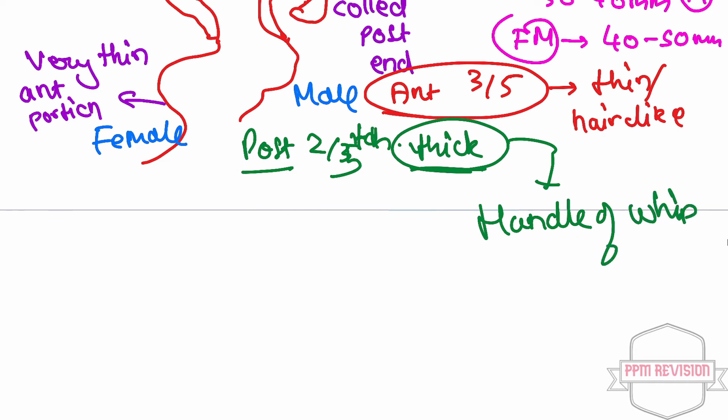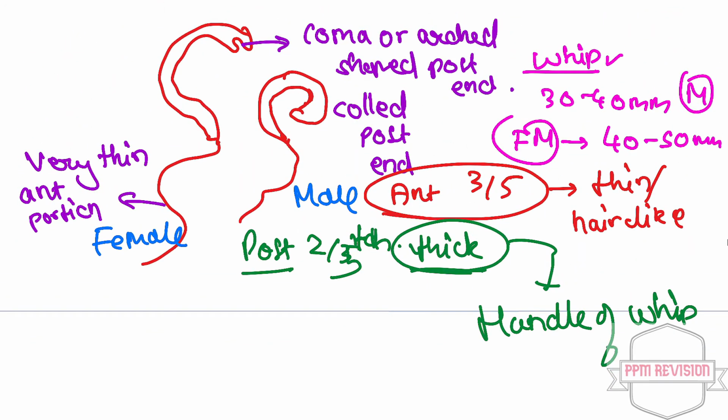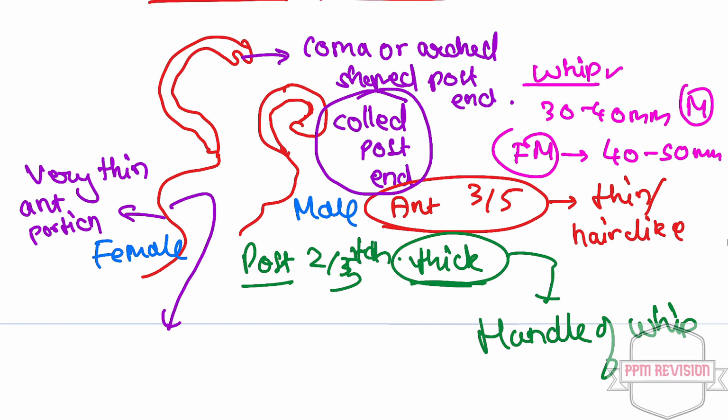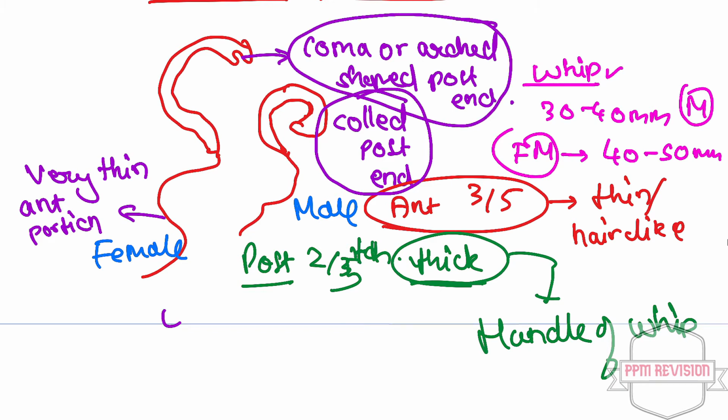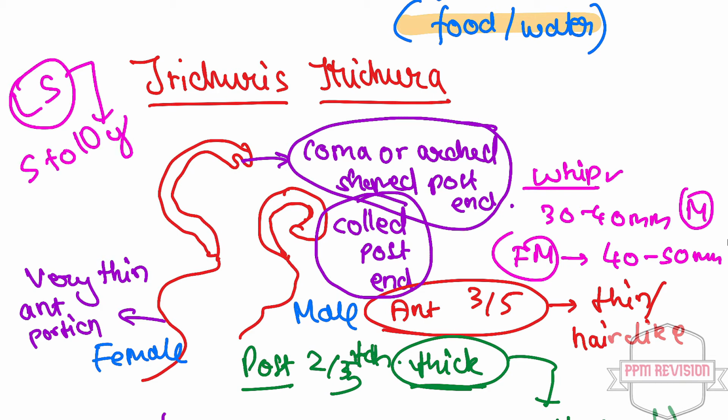Interesting point: the male has a coiled posterior end, as the image depicts, and the posterior end of the female is comma shaped. The thing to note is the lifespan is about 5 to 10 years.